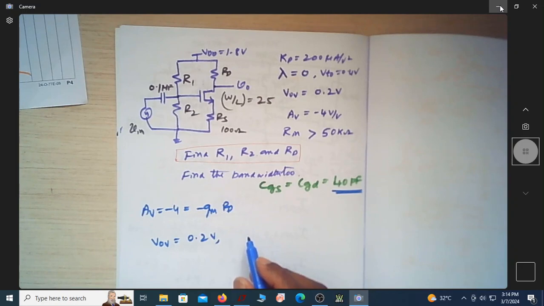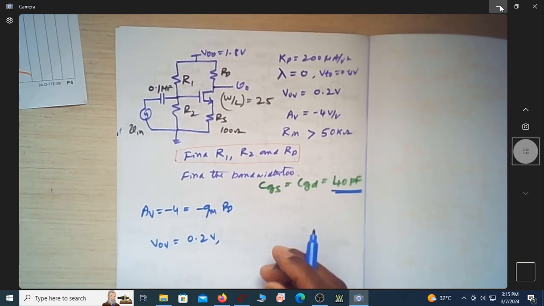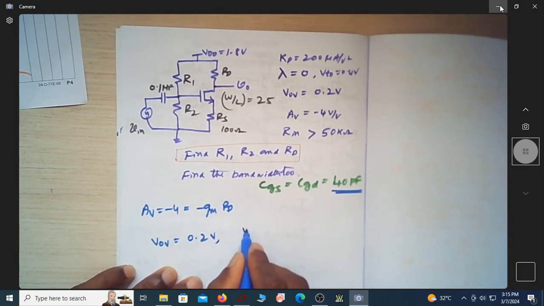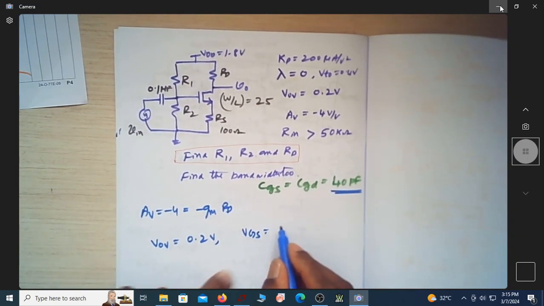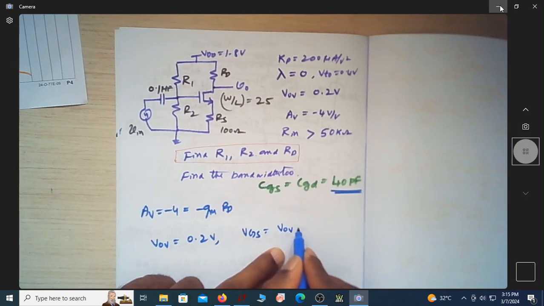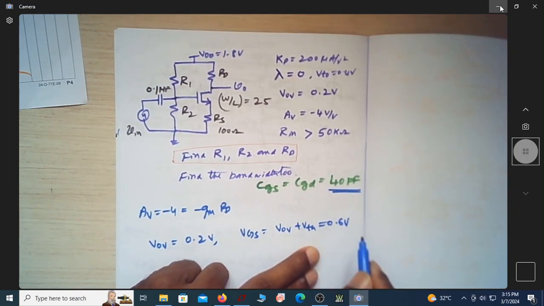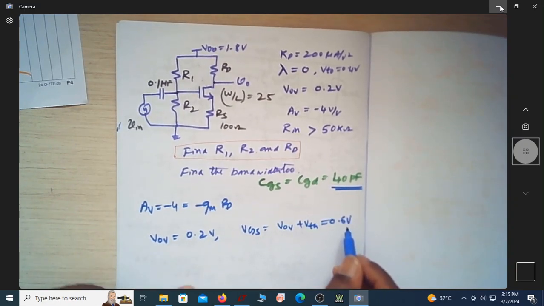And okay, what else is given? That's it. So since VOV is given, can we find what VGS is? VGS is equal to VOV plus VTH, which is 0.6 volt. VGS is known.